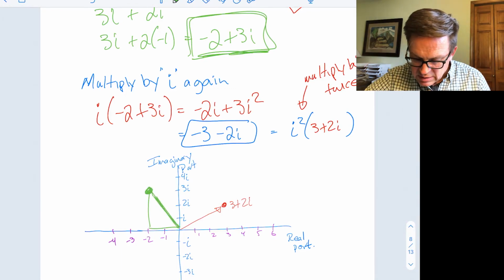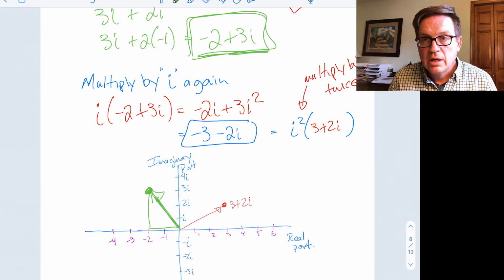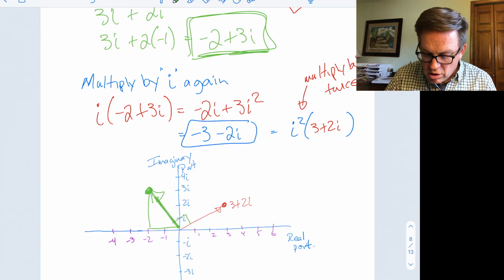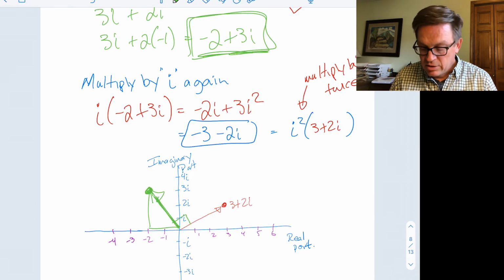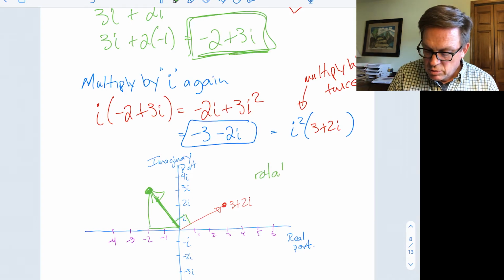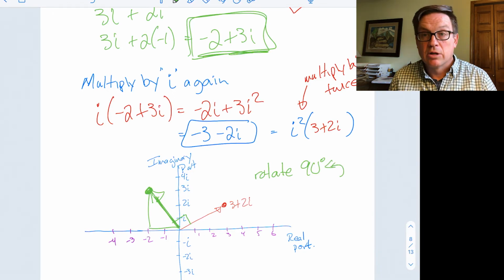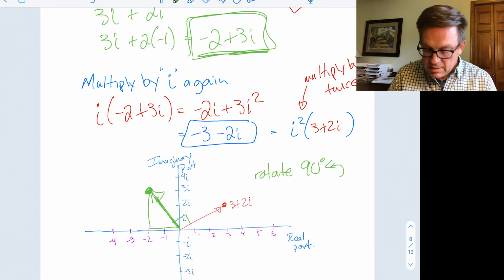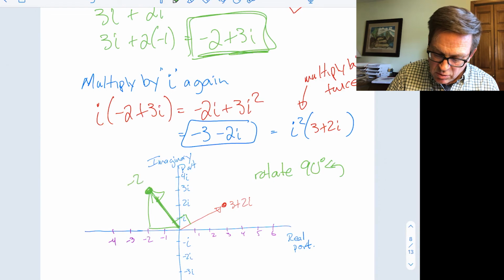So I get this, right? And it turns out all I'm doing is rotating by 90 degrees counterclockwise. So I take that point and I end up at minus 2 plus 3i.